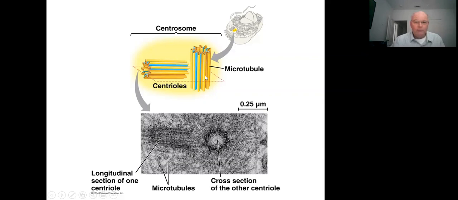And when a cell divides, the spindle that forms has a centriole at each end of the spindle. When the cell divides, it splits the spindle so that the centriole at one end winds up in one cell, and the other centriole at the other end winds up in the other cell, to become the basis for centrioles and, I assume, basal bodies in the new cell.